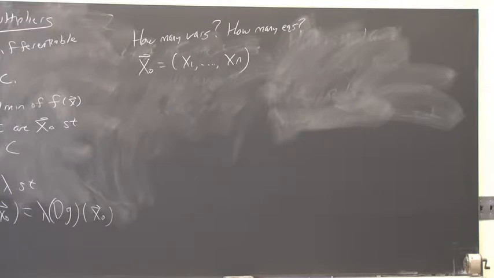Is there any other unknown that we have? We're trying to find this point x naught. It's got coordinates x1 through xn. Is there any other unknown? Nope, because I'm telling you, you have to be on the surface g of x equals c. So I have to tell you what the value of c is. So c is a given. The lambda? The lambda. Lambda is also unknown.